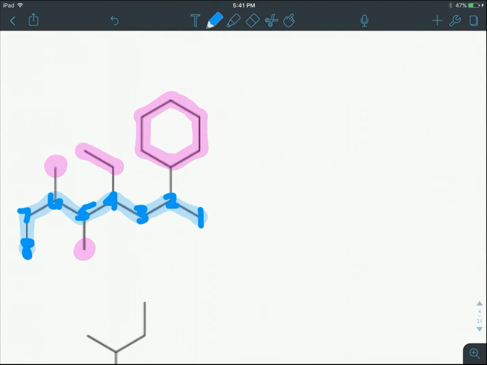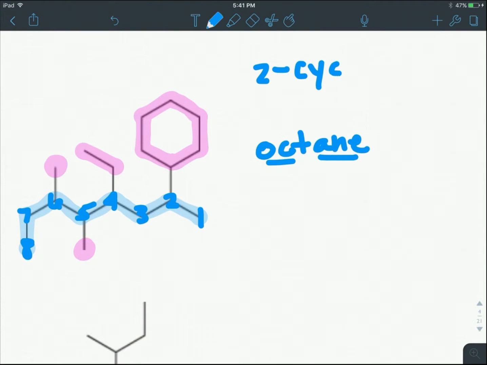So write down the parts you know. You know that your parent is 8, so it's oct. You know it's an alkane, so it's ANE. You know that on carbon 2 you have a cyclo, hex because it's 6, YL because it's a substituent. Notice that between the 2 and the C of the cyclo, between a number and a letter, there is always a dash.